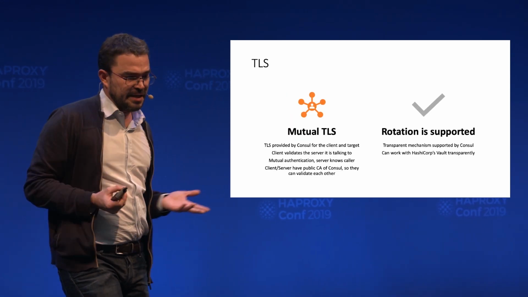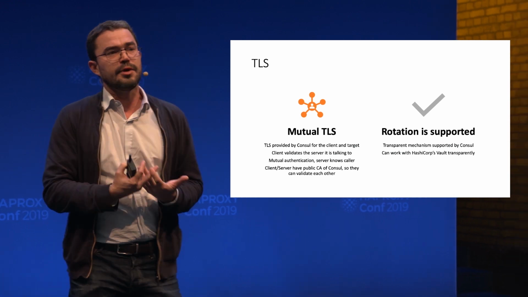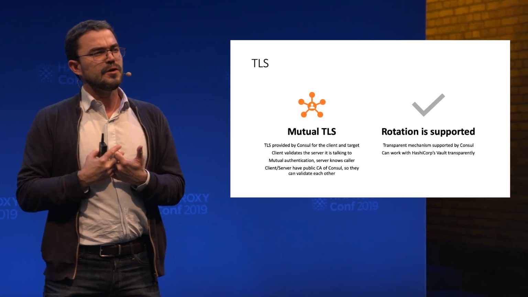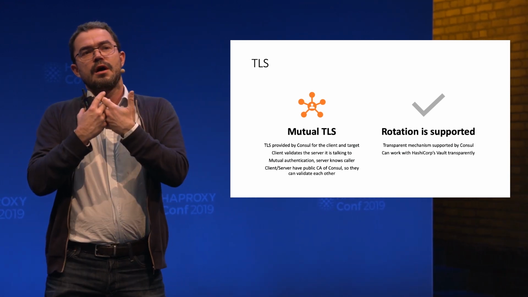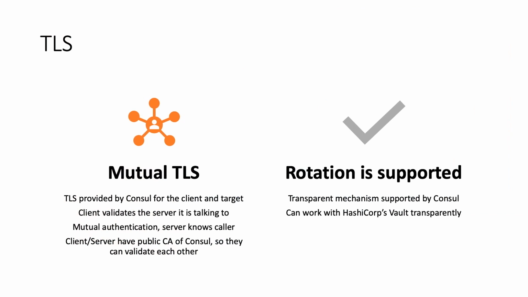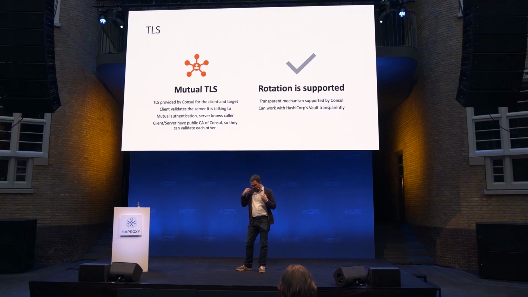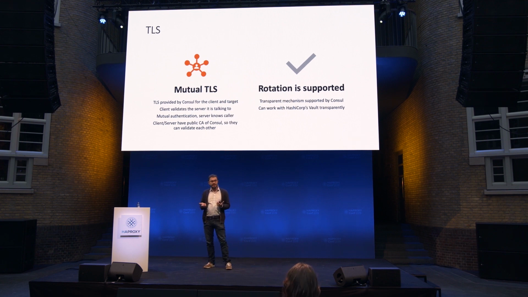So it gives you the ability to get mutual TLS, because Consul will be responsible for sending client and server certificates on the TLS side, meaning that both server and client can authenticate themselves and be sure who is calling. So the client validates the server it is talking to, and the server knows the caller well.